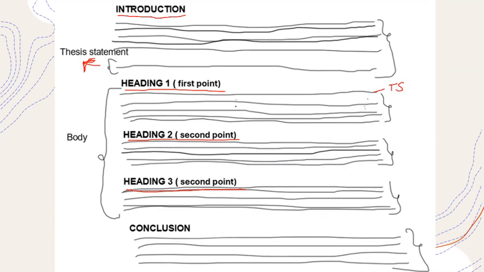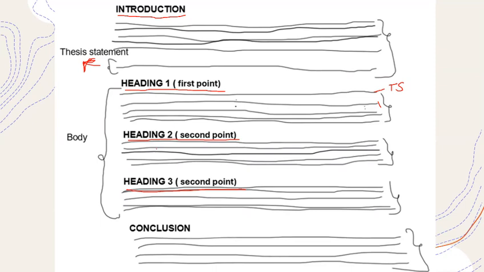Then after you are done with the topic sentence or topic sentences, you need to provide evidence in the next set of sentences. And then you start to explain your points and use the evidence and examples to explain the points that you've provided, just as I've explained in the previous slides.